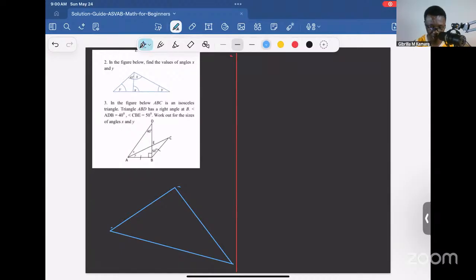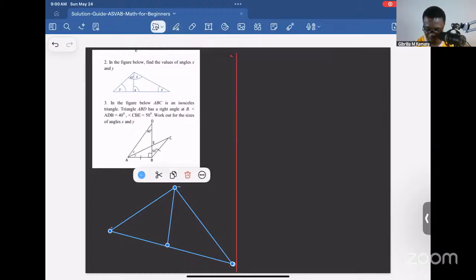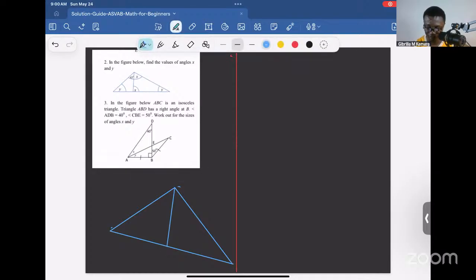Next, we draw this other line here. Okay. Good. Then we have something like this.